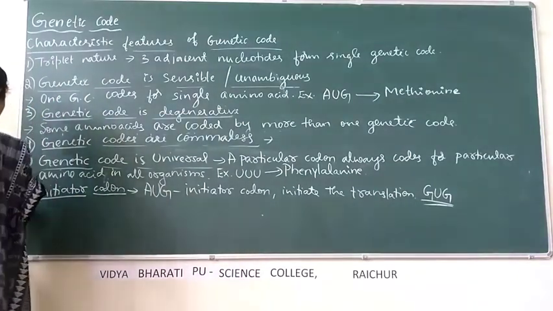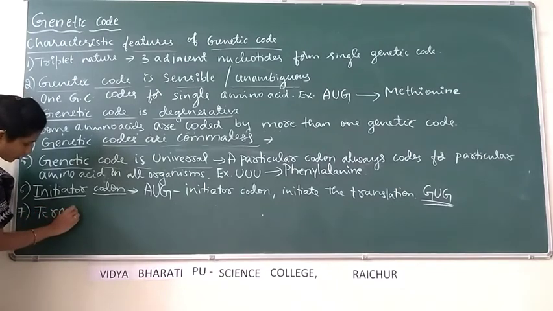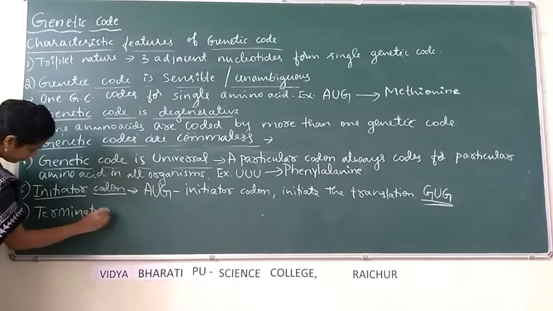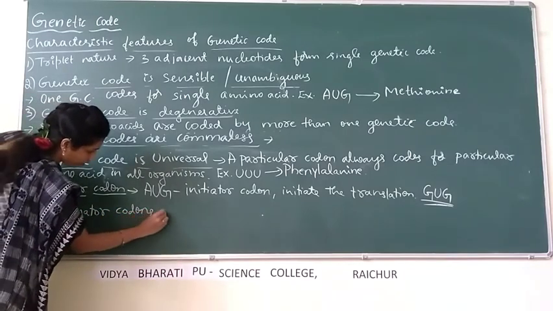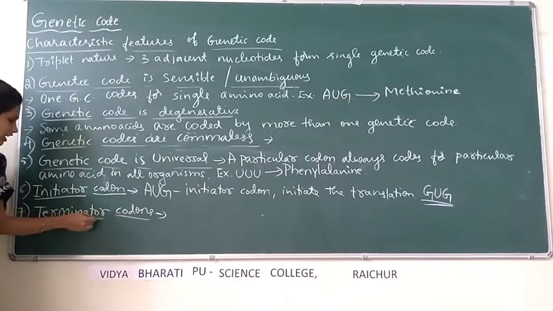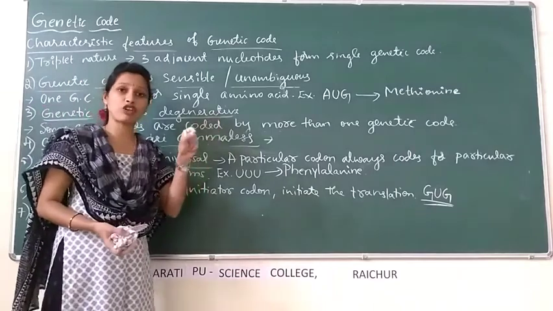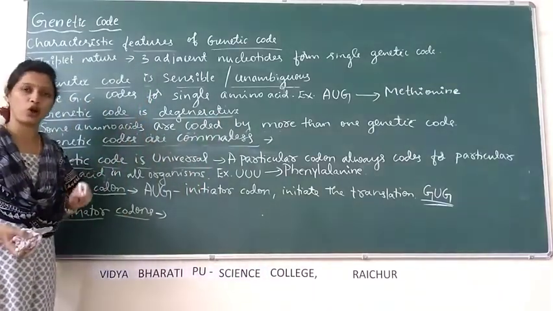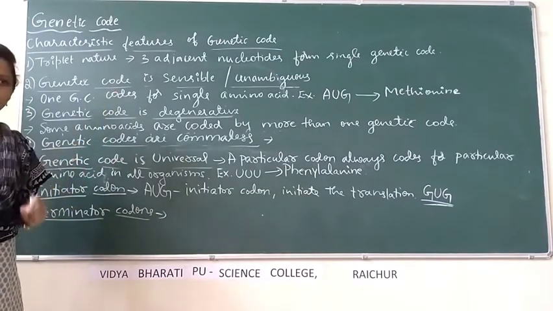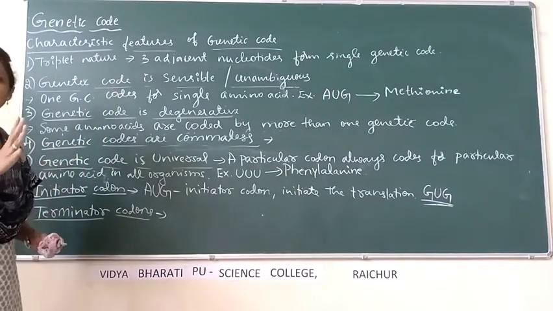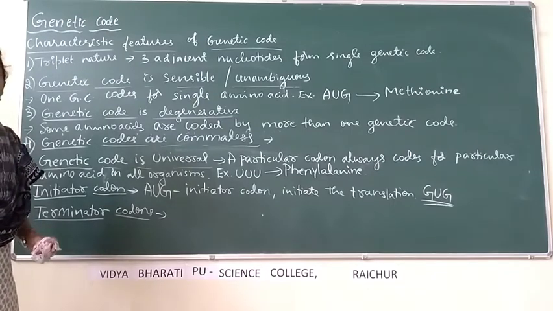The last one is terminator codons. Terminator codons means, already we have discussed that out of 64 genetic codes or codons, 61 code for 20 different types of amino acids, and the remaining 3 codons do not code for any amino acid.